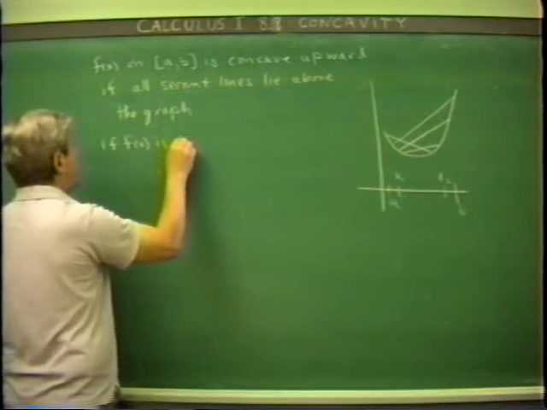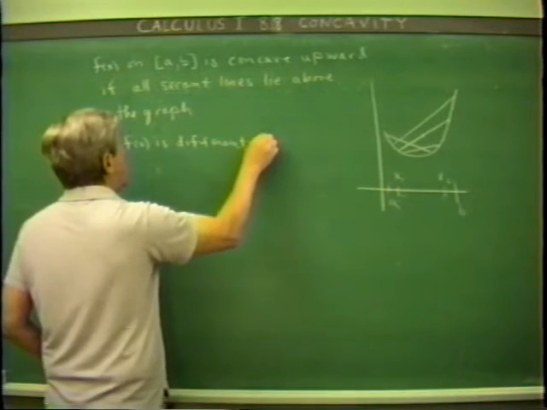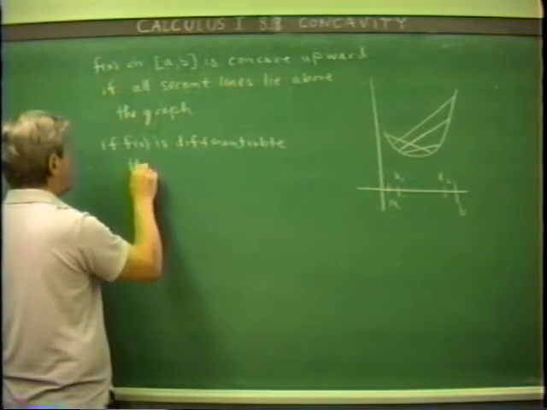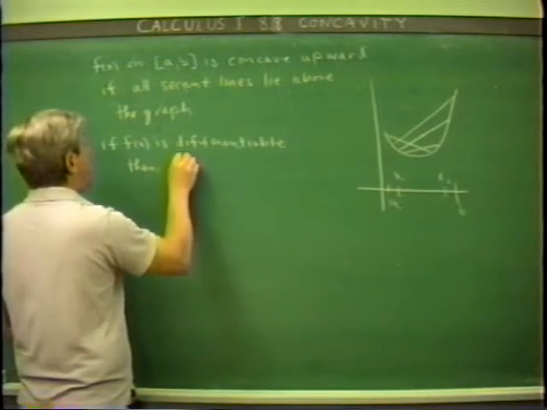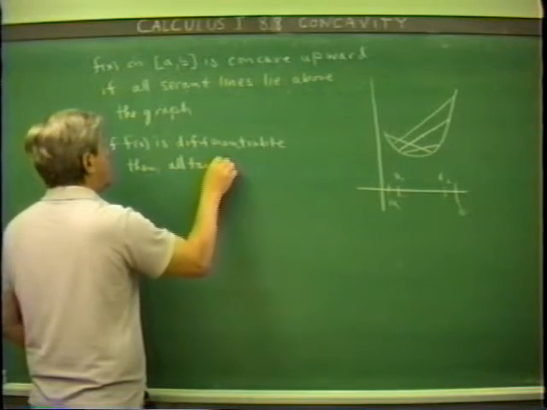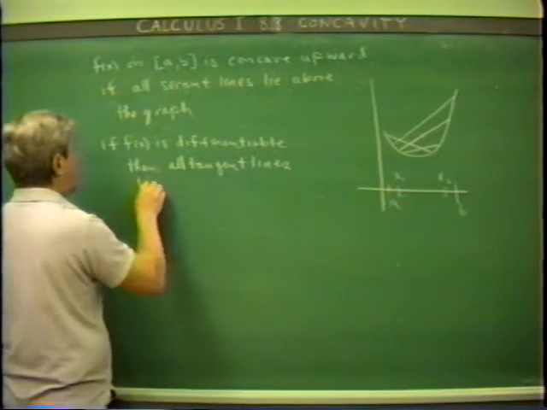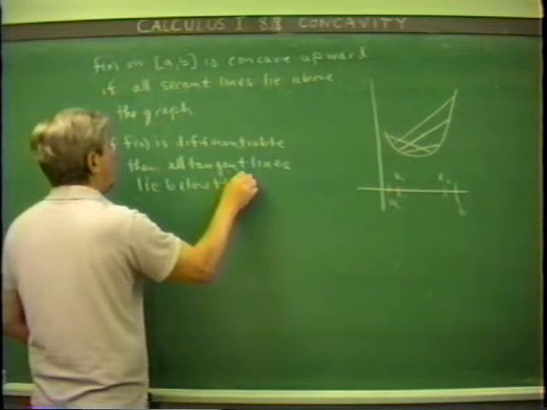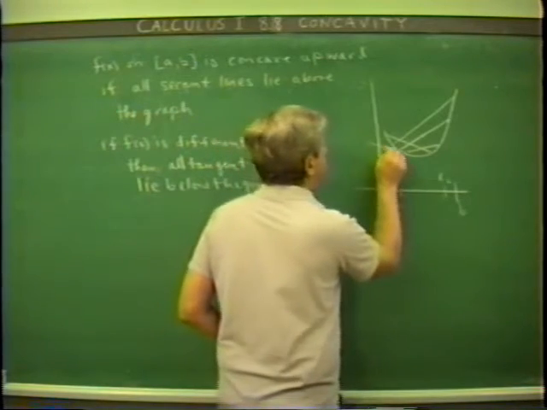All right, now if f of x is differentiable, and concave up, then all the tangent lines lie below the graph.